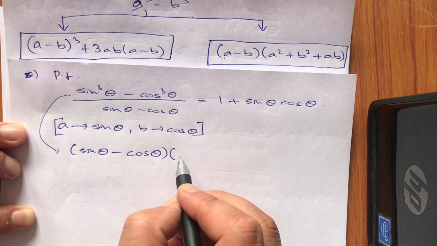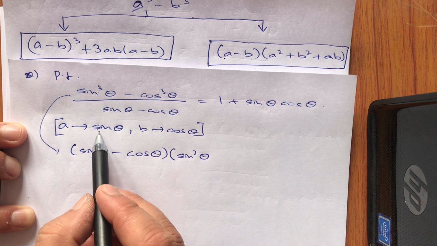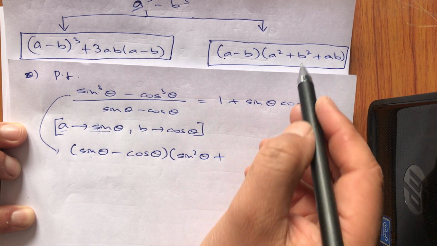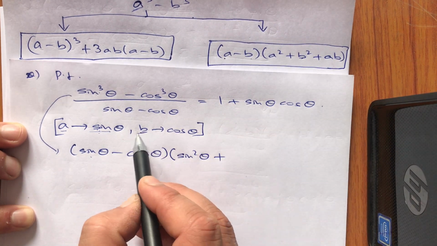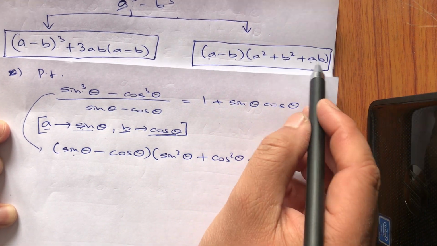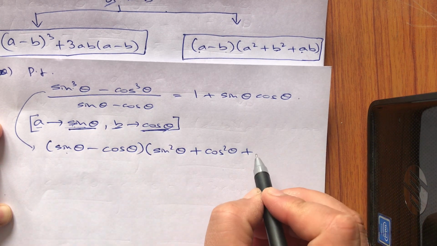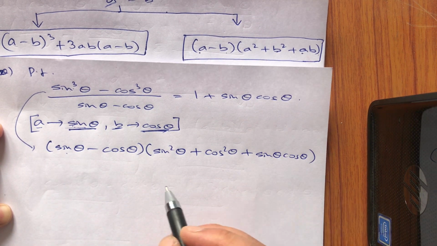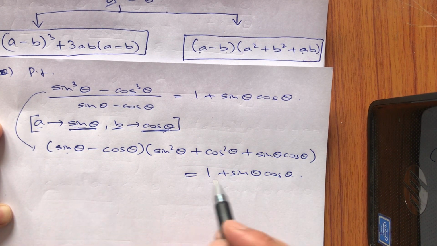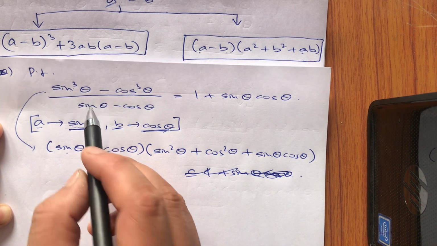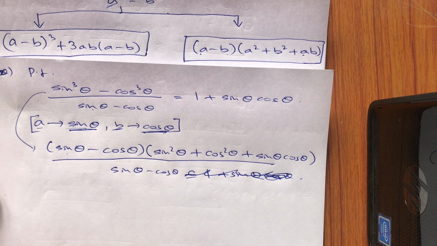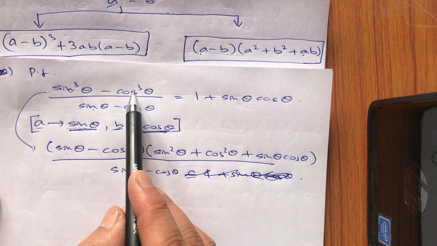A is sine theta, so I have sine square theta, plus b square, b is cos theta, so squared it becomes cos square theta, and then plus ab, so together I get sine theta cos theta. That is my left hand side, and the right hand side says 1 plus sine theta cos theta. Oh sorry, the denominator is also there, so I write the denominator as sine theta minus cos theta.